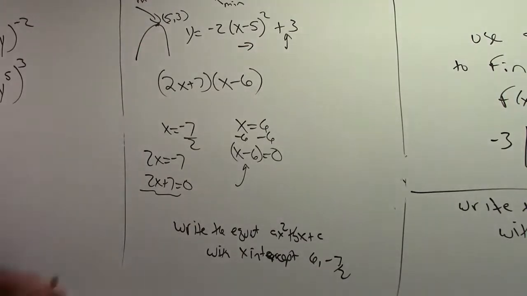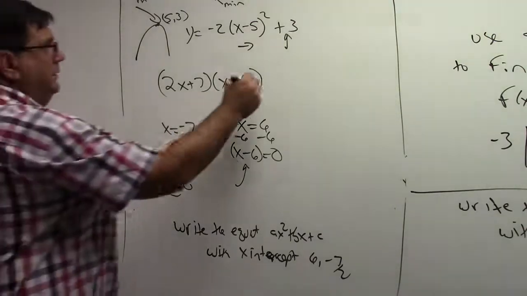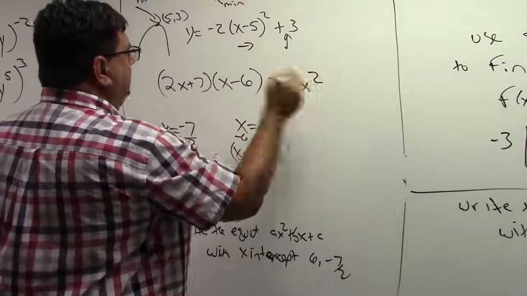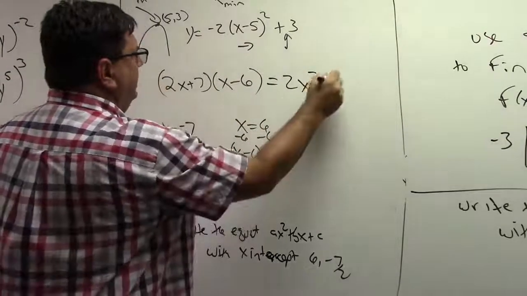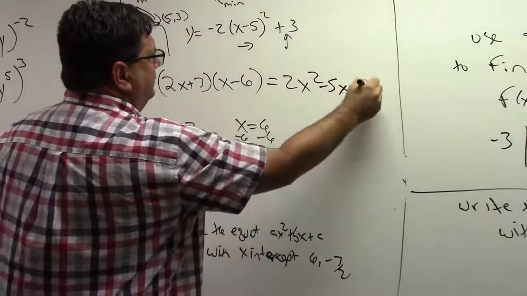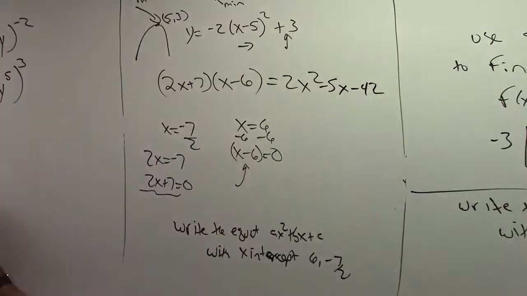Alright, now, once you get to there, you're not done. 2x squared minus 5x minus 42. And that's your equation. I got confused in the first part where you plugged in 6 and negative 7 over 2. So what do you do exactly in the beginning?